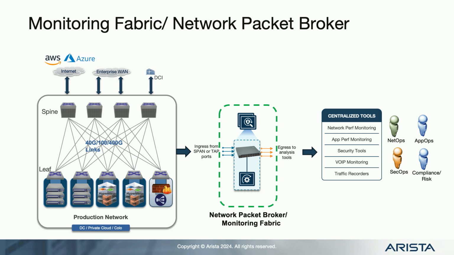Of course, you can apply filtering on the ingress interfaces, because not all tools are interested in all traffic. You can do deduplication, packet slicing, you can do masking, you can use DPI to do application identification, and you can also, from the packet data, generate NetFlow and IPFIX for the tools.